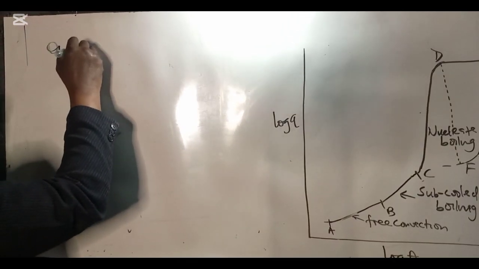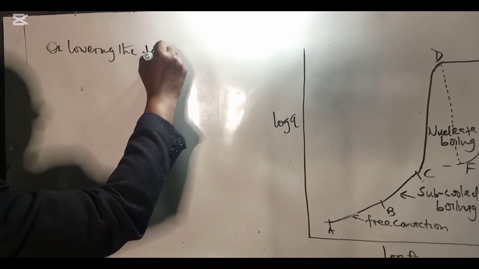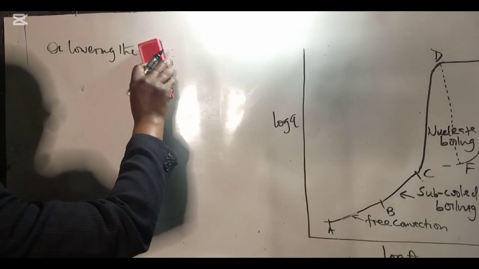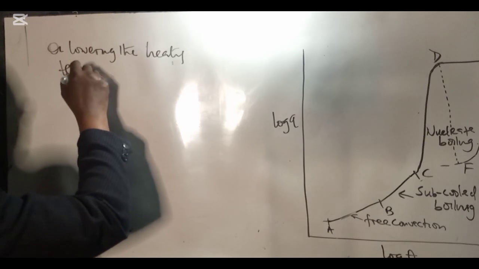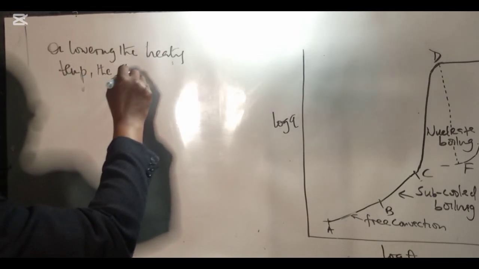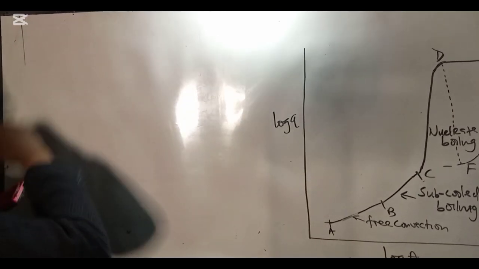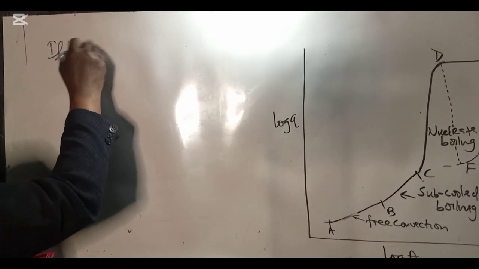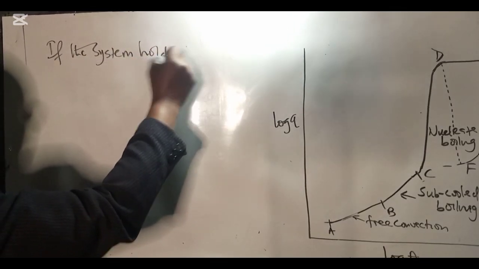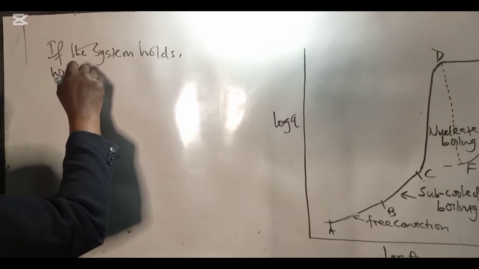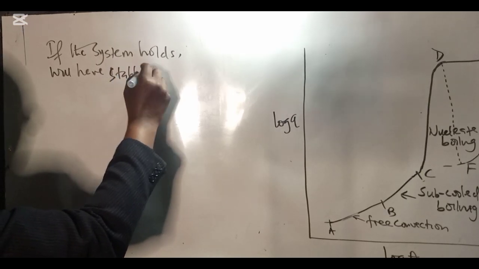So on lowering the temperature, we need to write: if the system holds, in other words, it doesn't break down or melt, we'll have stable boiling.